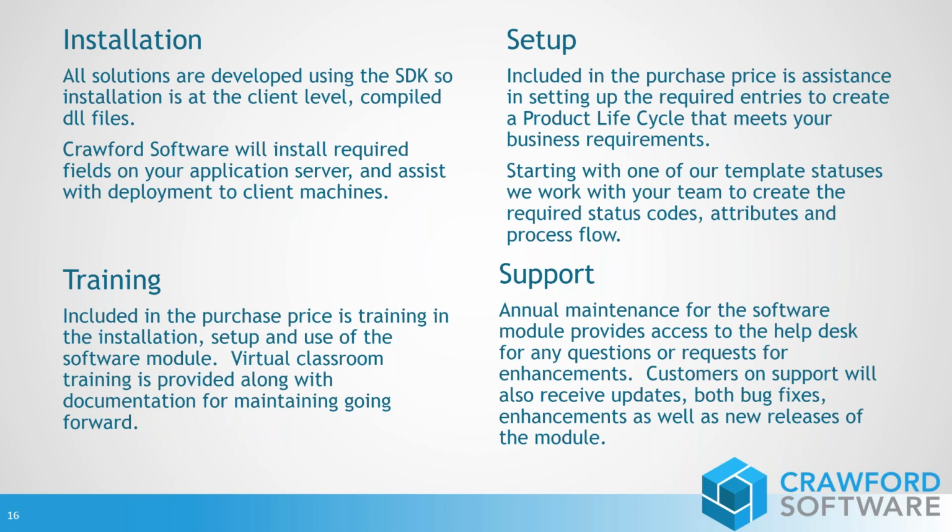Finally, the support. So all the software is sold just like Epicor is, with an annual maintenance contract. As long as you're maintaining your annual maintenance, you're going to get bug fixes, access to the help desk, and the new enhancements and the new releases, as well as the capability to request enhancements and put them into the solution pipeline. As I already mentioned, this is version 1.0 of the product lifecycle. 1.5 is already out, where we're doing updates to jobs automatically for you.